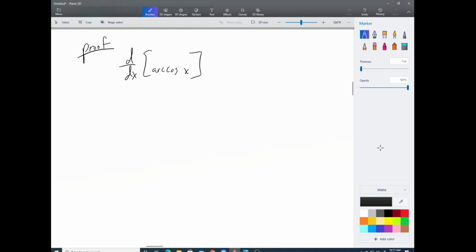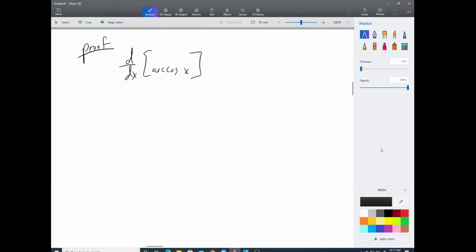Alright, so we're going to take the derivative of our arc cosine here, but even though I did tell you at the beginning of the lesson what this derivative equals, I'm not going to tell you again. We're just going to go through this as a proof to discover what it equals.